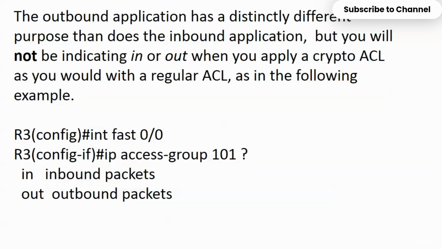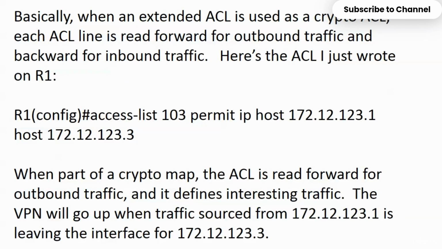You can see I'm on the FastEthernet interface. I wanted to apply access list 101, so I put ip access-group 101, and we know that is not by itself a legal command. You've got in and out, and you have to specify which one of those it is. But when we apply a crypto ACL, you're not going to do that.